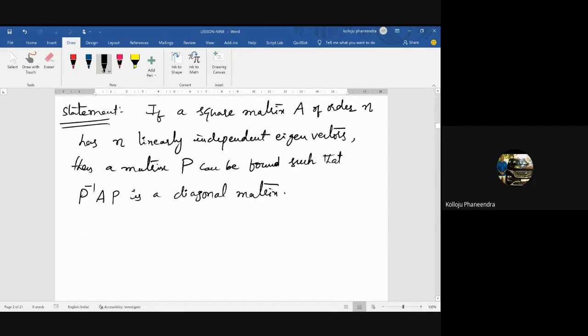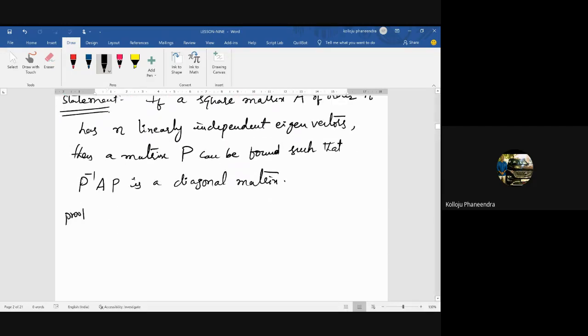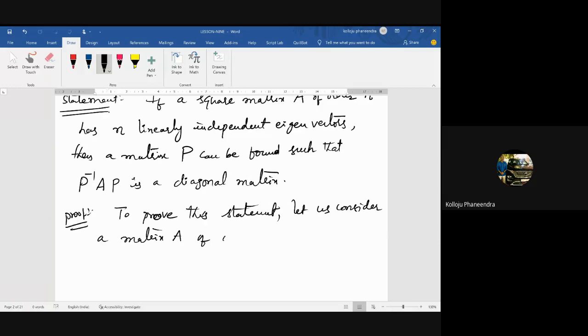I will make a rough proof by considering one 3x3 matrix. To prove this statement, let us consider a 3x3 matrix A, a square matrix of order 3.